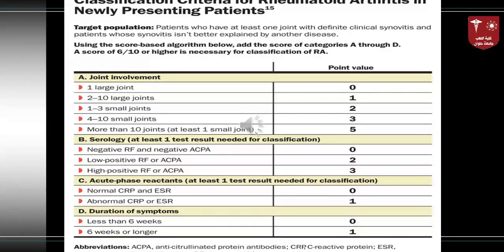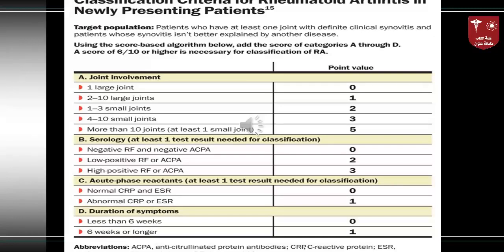This table is an example of how to diagnose and classify arthritis. This is a table developed in 2010 to classify rheumatoid arthritis patients. You can find on the left side of the table the manifestations and the investigations, and on the right side the points given for each of them.